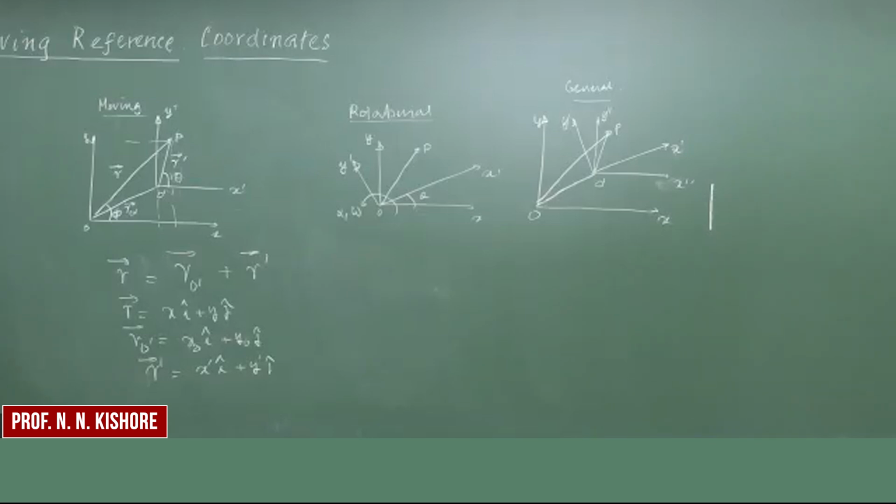For example, I can write dx O prime by dt. This looks very trivial, but let me write it all the same. This is the first part, and then R prime, in which case I will write dx prime by dt i.